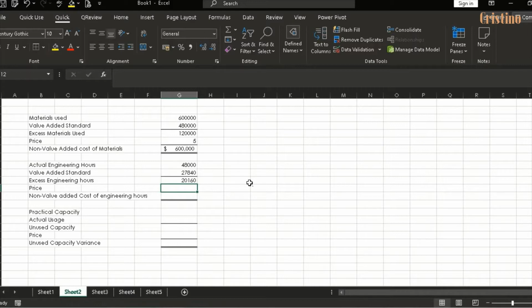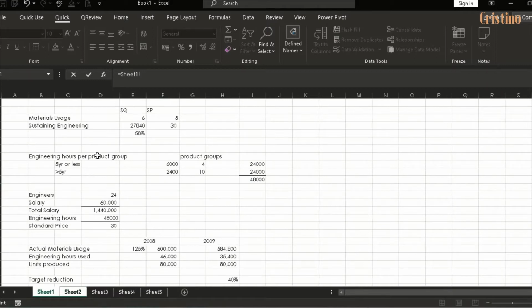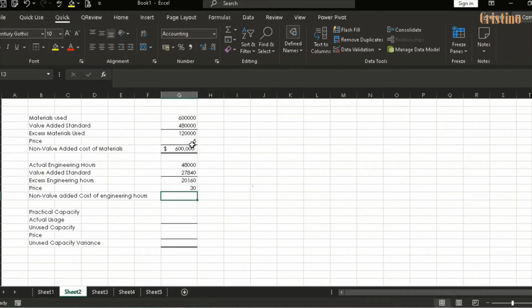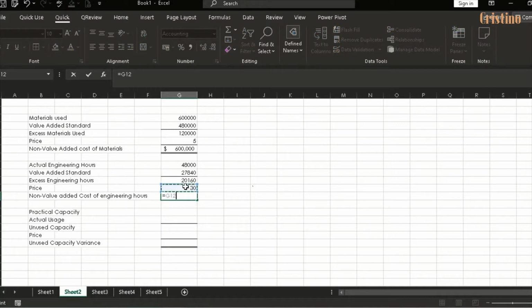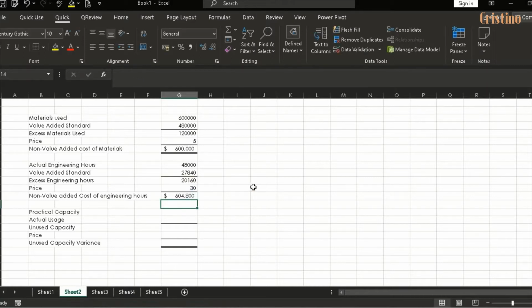To calculate the non-value added cost of engineering hours, we're going to multiply the excess engineering hours by its price. As computed earlier, the price of the engineering hours is $30 per hour. We multiply that with the excess engineering hours and we get the non-value added cost of engineering hours of 604,800.